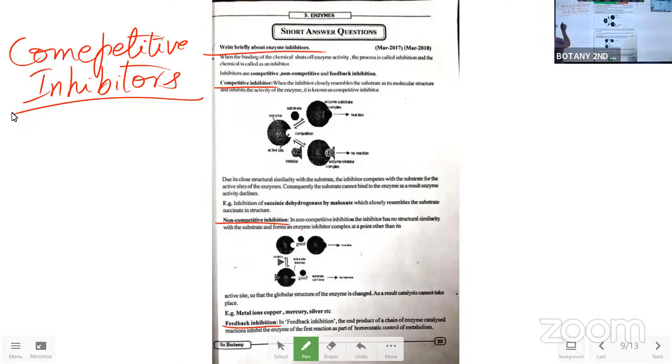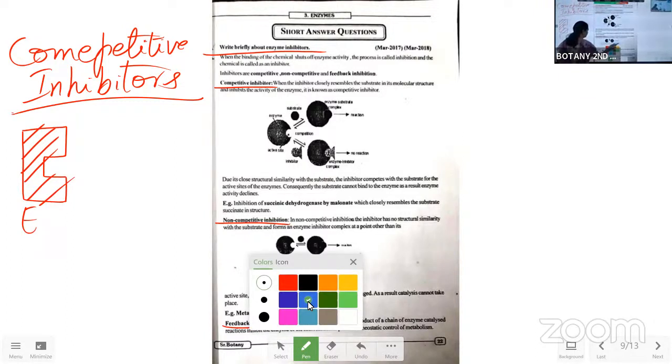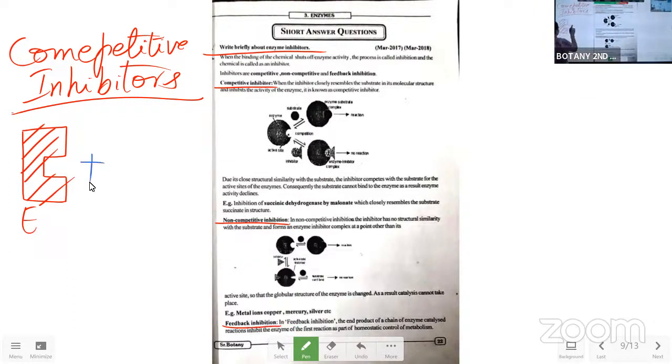Okay, so in this we can draw the diagram so that the explanation will be easy for us. This is the enzyme. First of all, the enzyme has to combine with the substrate, and the substrate has a structure like this.